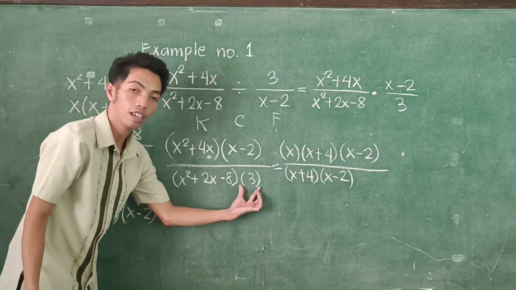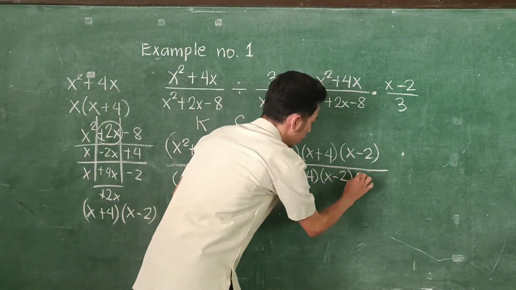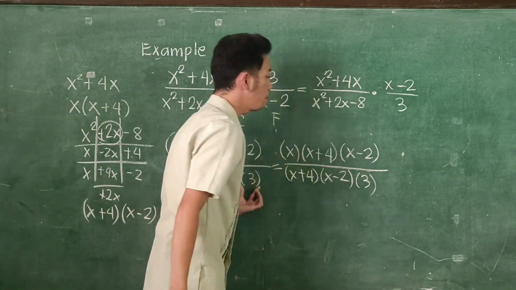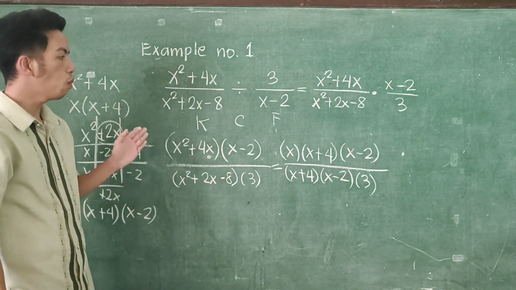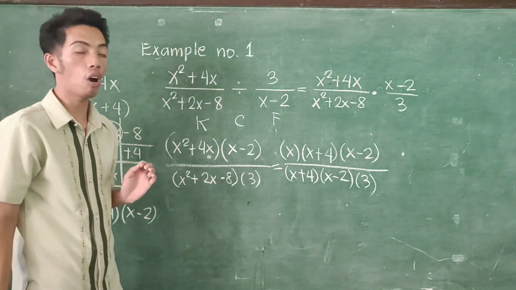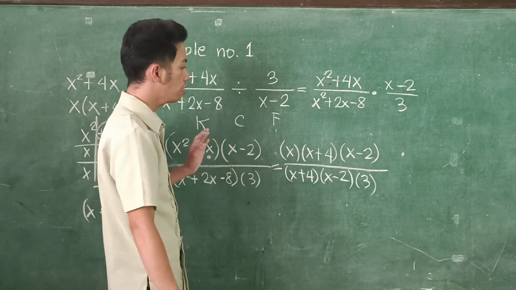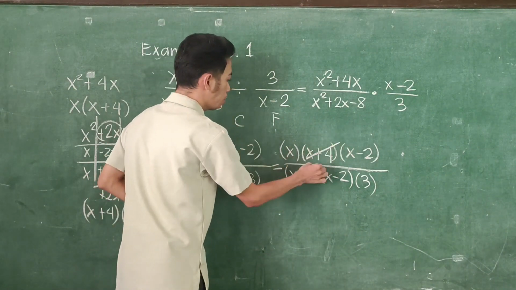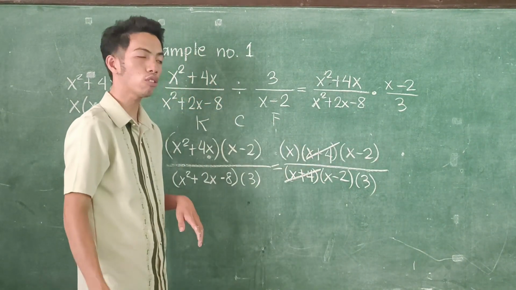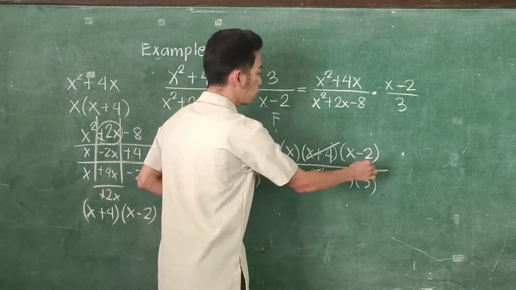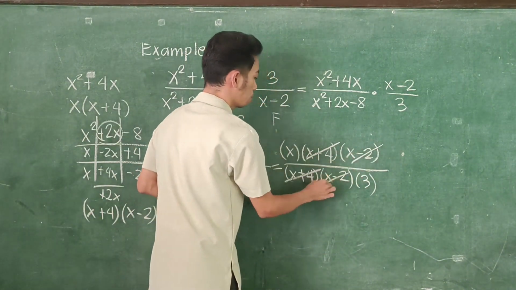Then copy 3, since 3 is a prime number and it has no other factor. So now we will cancel all the common factors. In this case, we can cancel x plus 4 because it is a common factor, and also x minus 2.